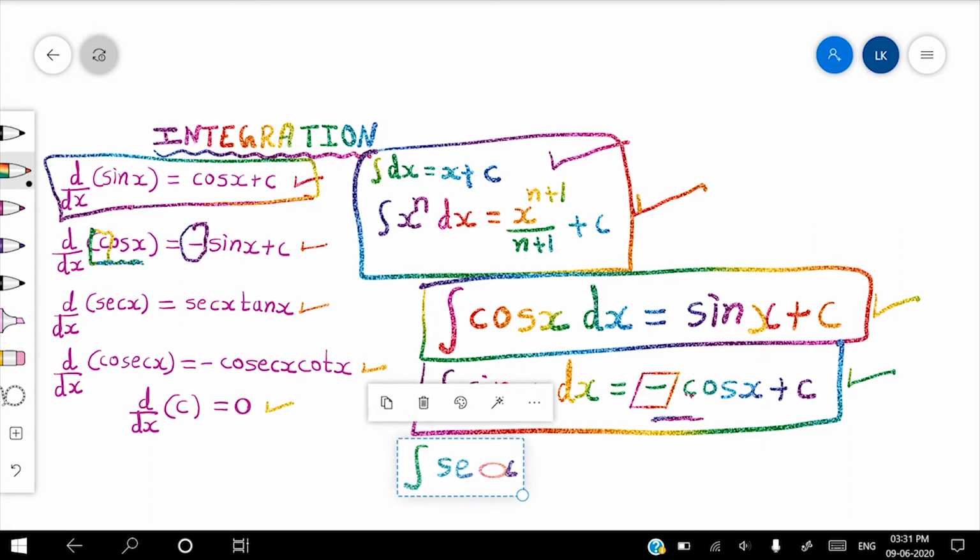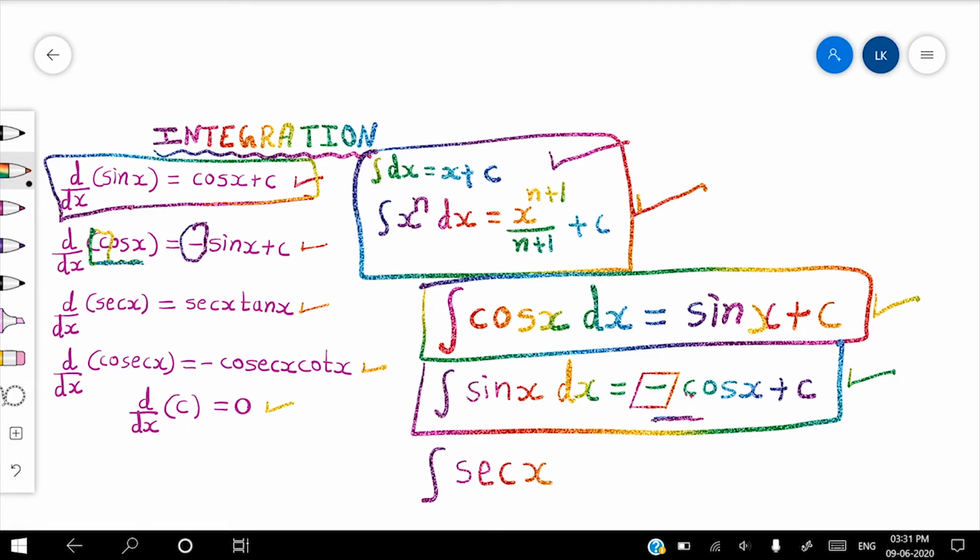Integration of sec x into tan x. Again I am writing integral sec x into tan x with respect to x, that means dx. What is the answer? You have to ask the question yourself.